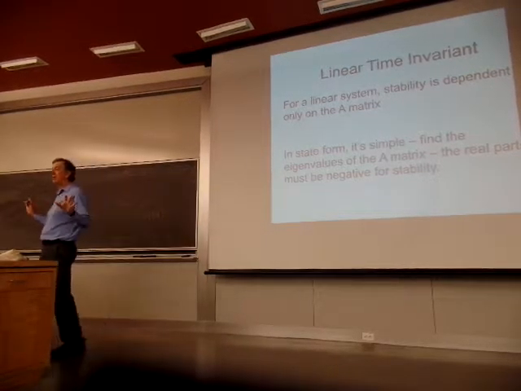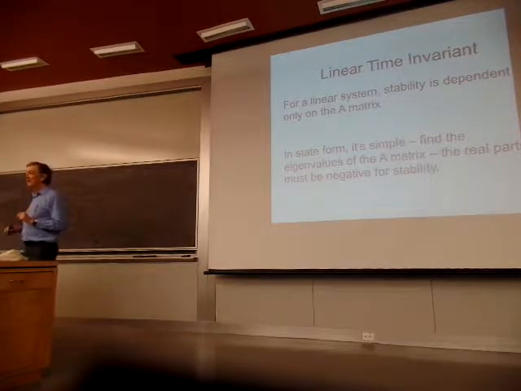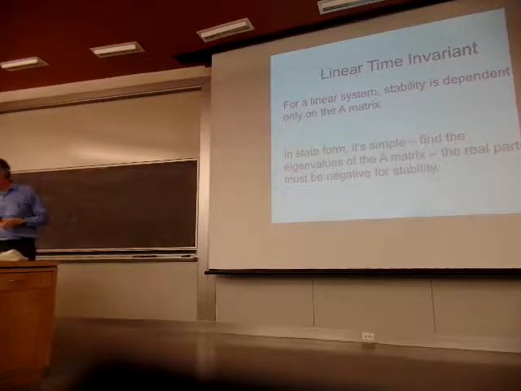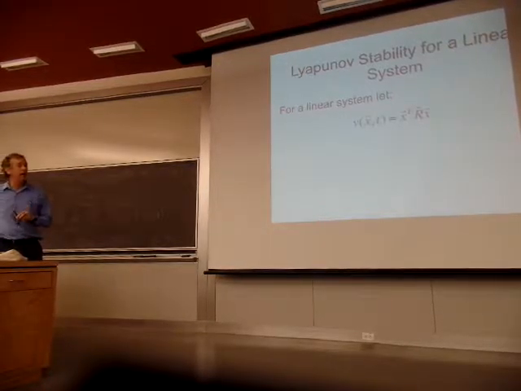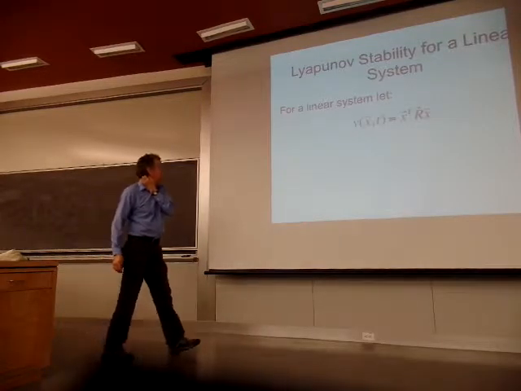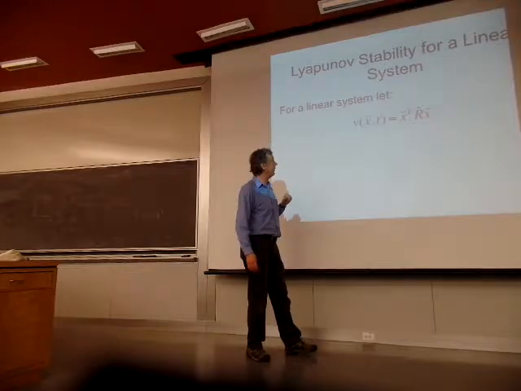Done. If I have all numbers. But if I don't have numbers, then I have to look at some things here. So if I have a totally numeric system, I'll just look at the eigenvalues and know if it's stable. But let's assume we don't necessarily know what they are, or not necessarily all numbers.